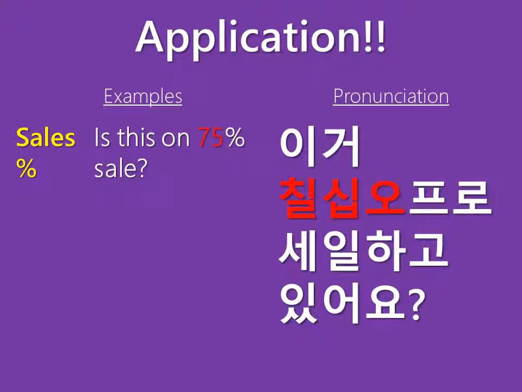In Korean you say, 이거 75% 세일하고 있어요. On sale. 이거 75% 세일하고 있어요.